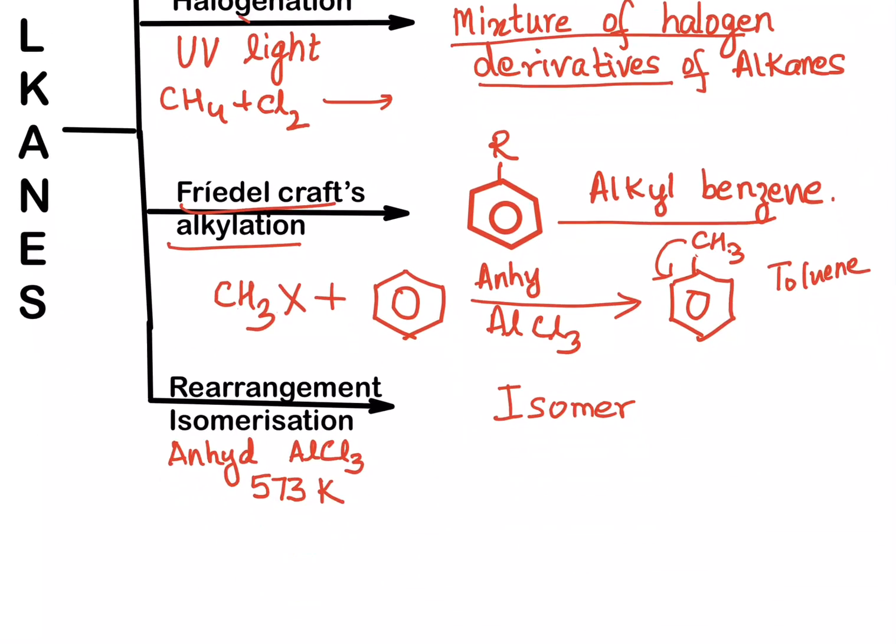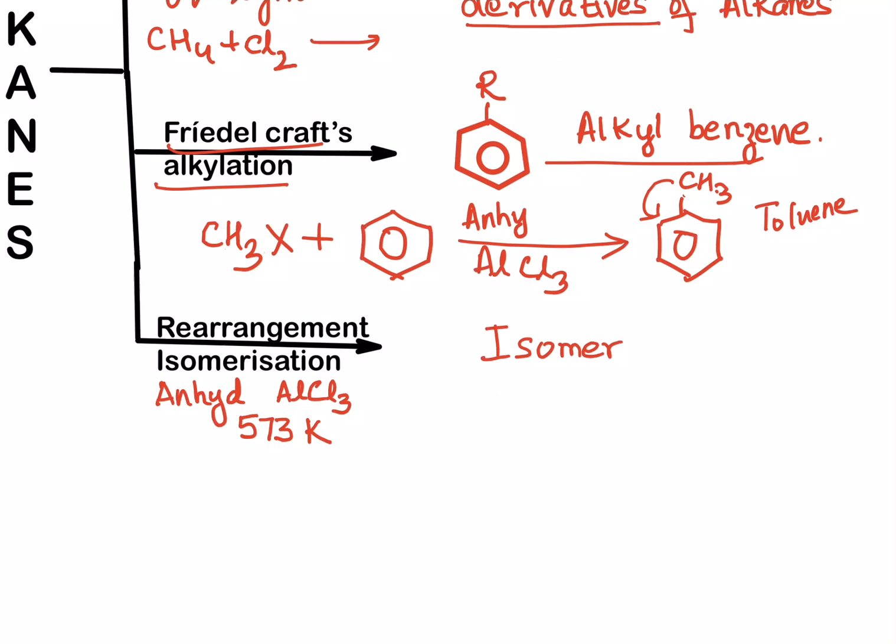Let's go on to the last reaction in our table, and that is the rearrangement or the isomerization reaction. Again, we have talked about isomerization in alkanes also. Iso is same, mer is molecule. That means they get converted into compounds with the same molecular formula, but the structure may be different.